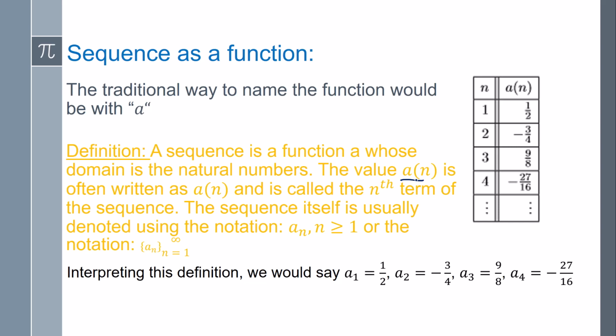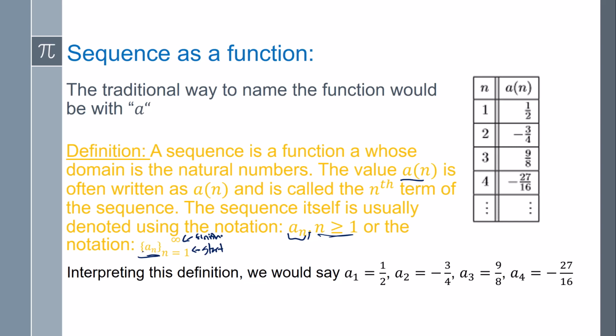The sequence itself is usually denoted using notation, and then my function with a comma, and then we state where we're starting. Now, traditionally, it starts at 1, but we can tell it to start at other places. Or we can write it like this. Here's our function, and then here is our start, and then here is our finish, right? And because it says infinity, we know that we would plug in values forever.